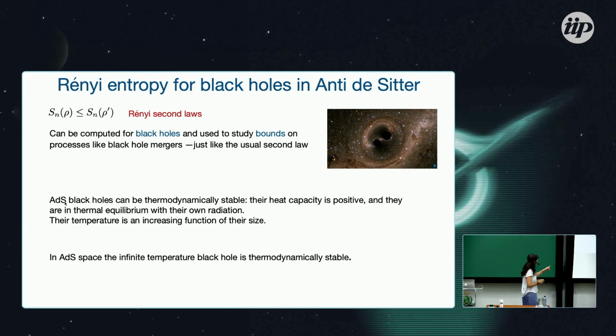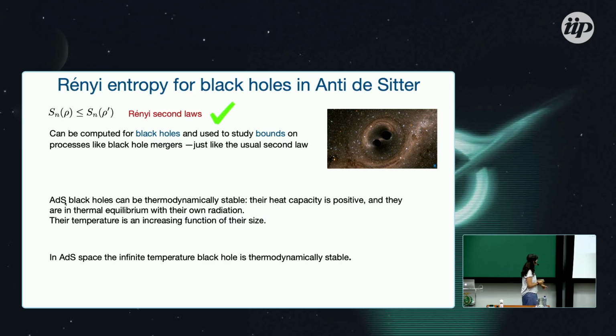So what we can do instead with these constraints is to look at them for black holes in anti-de Sitter space. They can be thermodynamically stable, they can have positive heat capacity and be in thermal equilibrium with their own radiation. So actually they are canonical objects by definition. They have a temperature which is an increasing function of their size, and the infinite temperature black hole is thermodynamically stable in AdS.